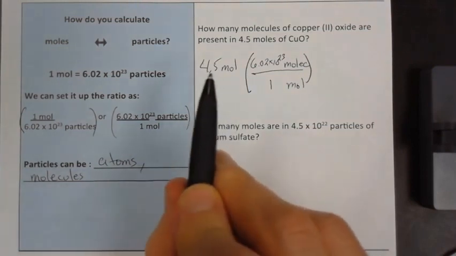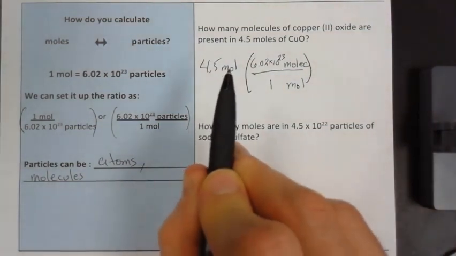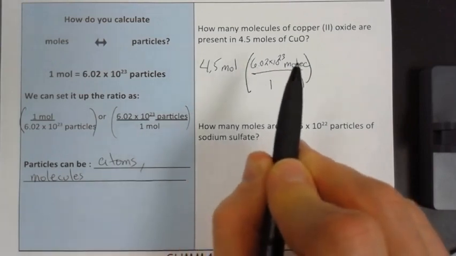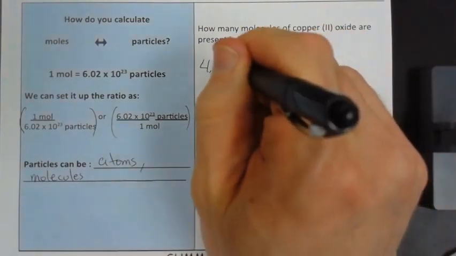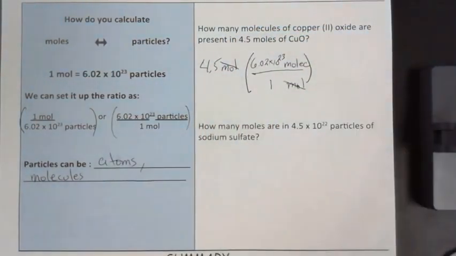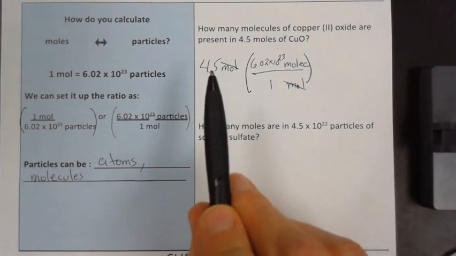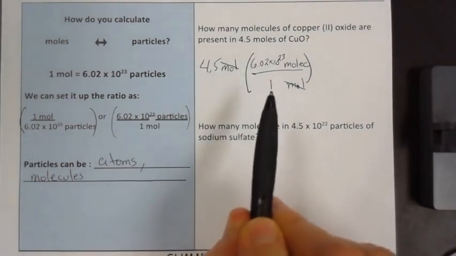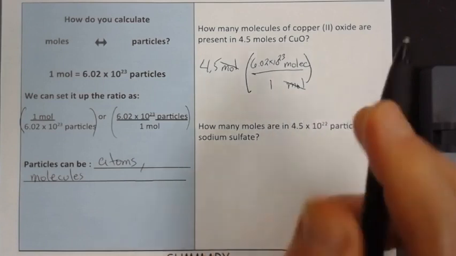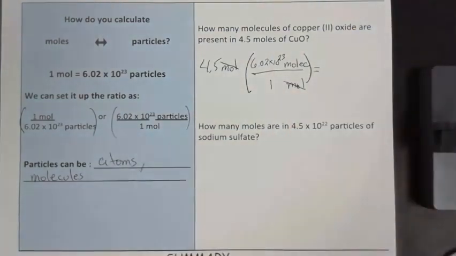Okay, so again, the work is set up in such a way that mole is going to multiply over into this numerator, and the same label is in the denominator. So these things are going to wind up canceling themselves out. And so 4.5 times Avogadro's number in the numerator divided by 1 in the denominator will give us our final answer.